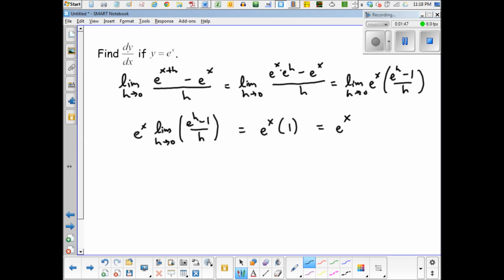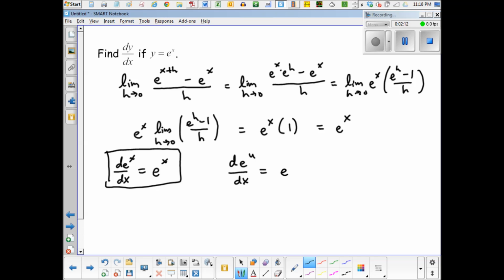Very interesting. Okay, not only is it interesting, it's also very useful, and it shows up quite a bit for the rest of the year. So the derivative of e to the x with respect to x is e to the x. Let's write down the chain rule for that. The derivative of e to the u with respect to x is e to the u times du/dx.